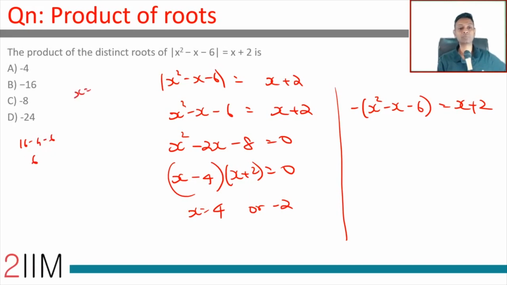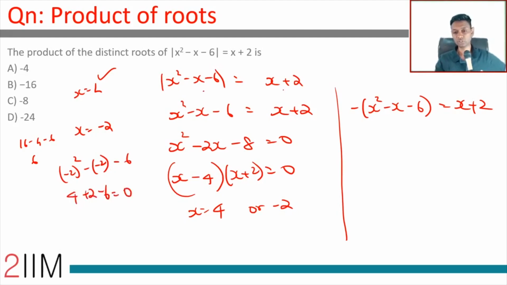X equal to 4 works. X equal to minus 2: minus 2 whole square minus of minus 2 minus 6, so 4 plus 2 minus 6 is 0. This side is 0. X equal to minus 2 also works.